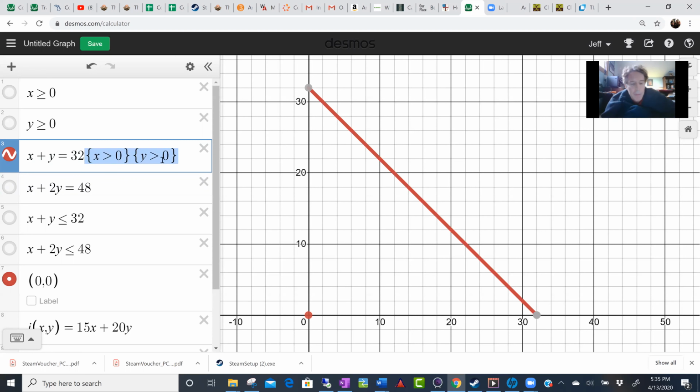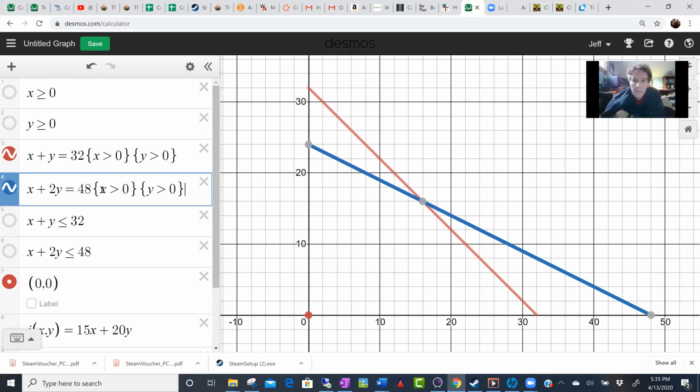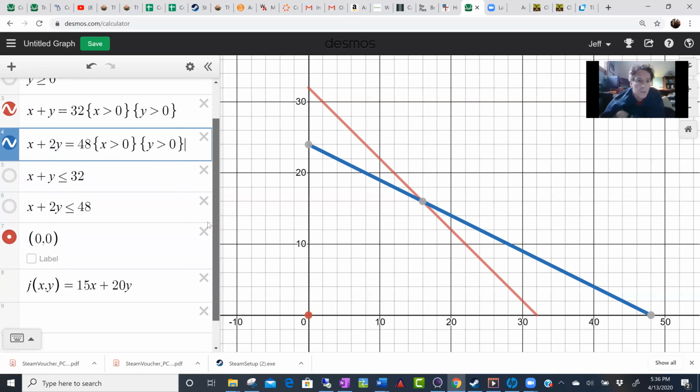And I'm actually going to copy that because I'm going to use that a few times here. Now, the other equation that I have is this one. And let's paste in those same constraints. So that way we're only seeing this where we need to, which is in the first quadrant. Now, typically speaking, what you do is you take a look at your inequalities and you pick a test point.